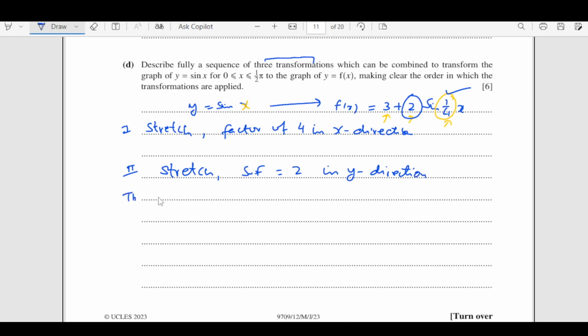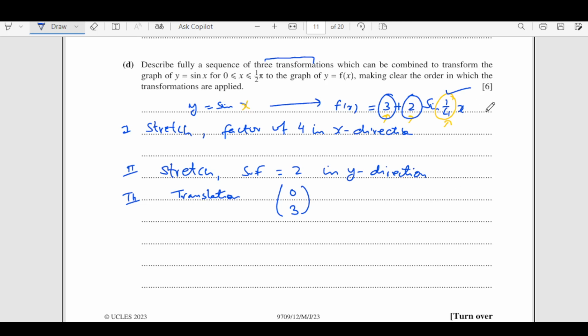So 2 are done. The third one we have here is plus 3, so sin x plus something, which is a change in the value of y. So this is a translation along the vector (0, 3).